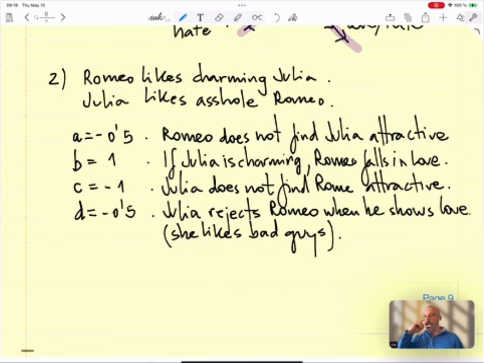Okay, so what we have here is that our eigenvalues lambda are going to be minus 0.5, minus 0.5.